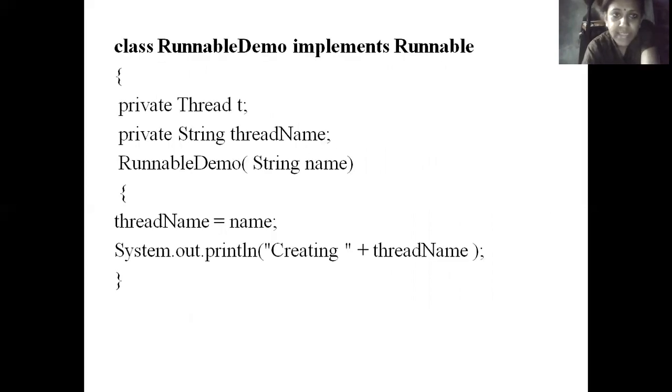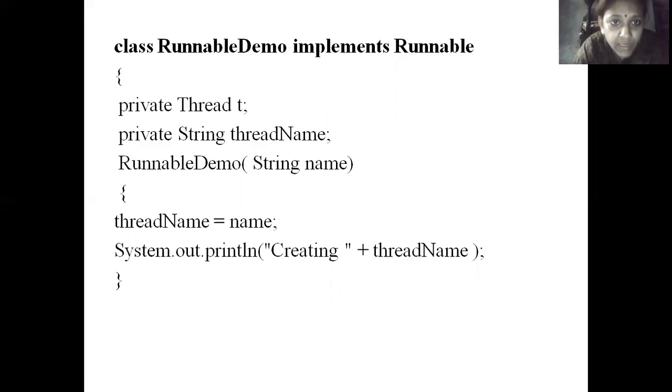So here is an example. You see it very carefully. We are implementing the Runnable interface, and using the Runnable interface, we are implementing multi-threading in our program. The first line, class RunnableDemo, this is a class name, implements the Runnable interface. Here we have a thread called t.